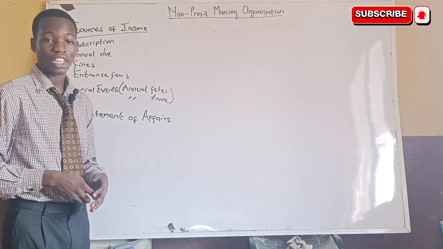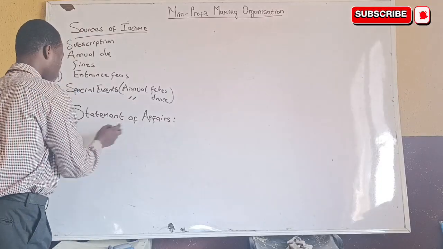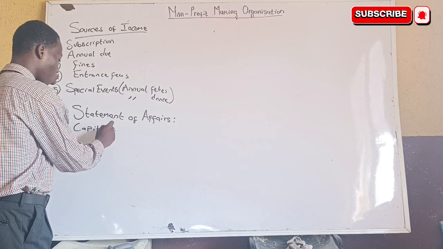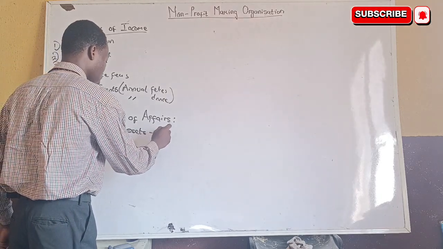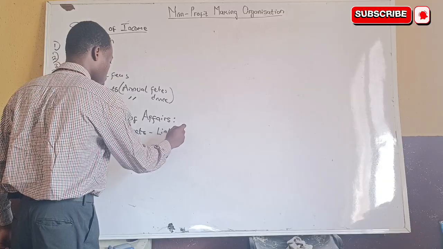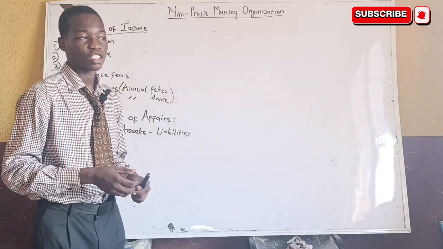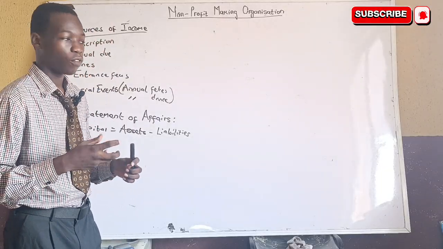Now, this statement of affairs, we use this to determine our capital, right? And from the accounting equation, we said capital is equal to assets minus liabilities. But when we are now dealing with non-for-profit making organization, it is no longer called capital. It is now called accumulated fund.